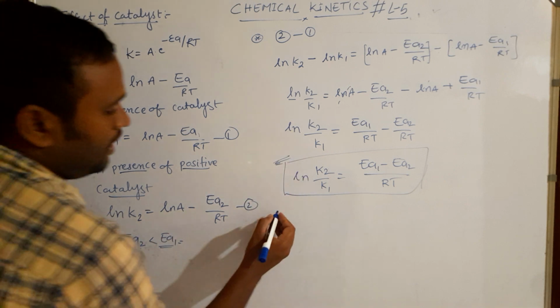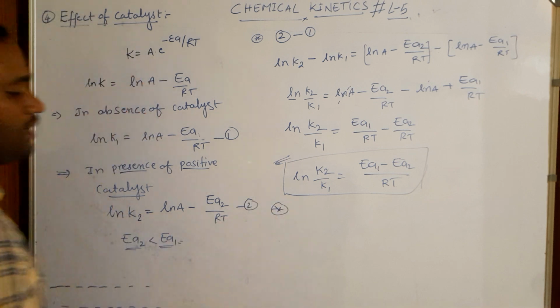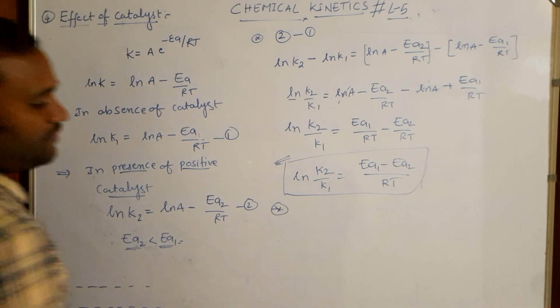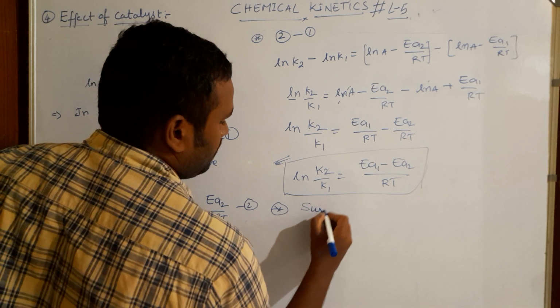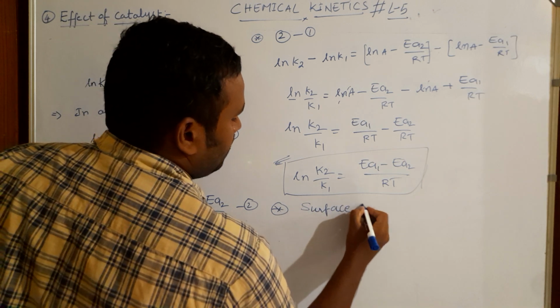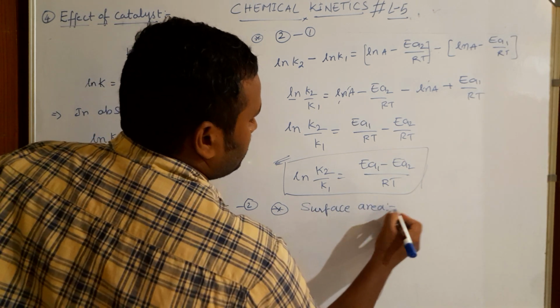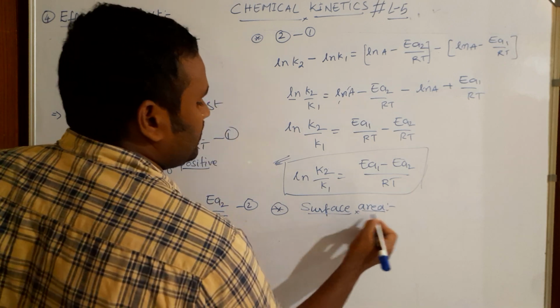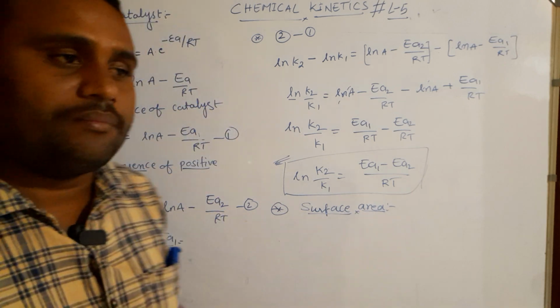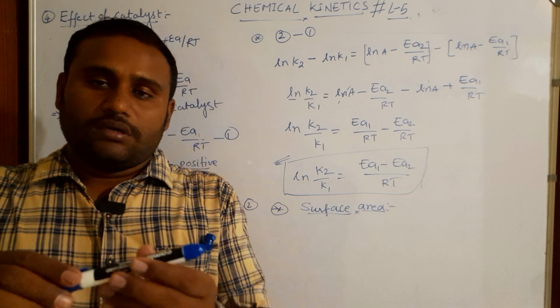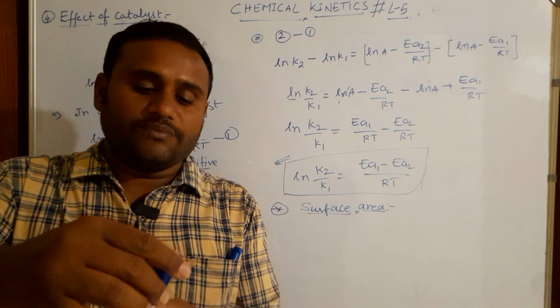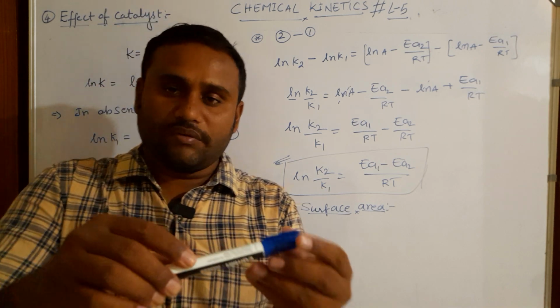Next, another factor which influences the rate of reaction is surface area. What is surface area? Surface area means the area on the object that we can see with our naked eye.